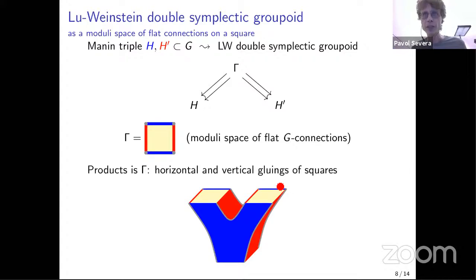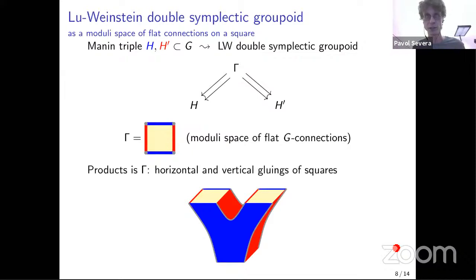And the vector space which is assigned to this square, that should be the quantum group itself. And this would be the product in the quantum group, and with the exchanged colors, it would be the coproduct of the quantum group. Of course, it's another question whether that Chern-Simons theory with these boundary conditions actually exists and things like that. But say, this is the interpretation of such a thing.